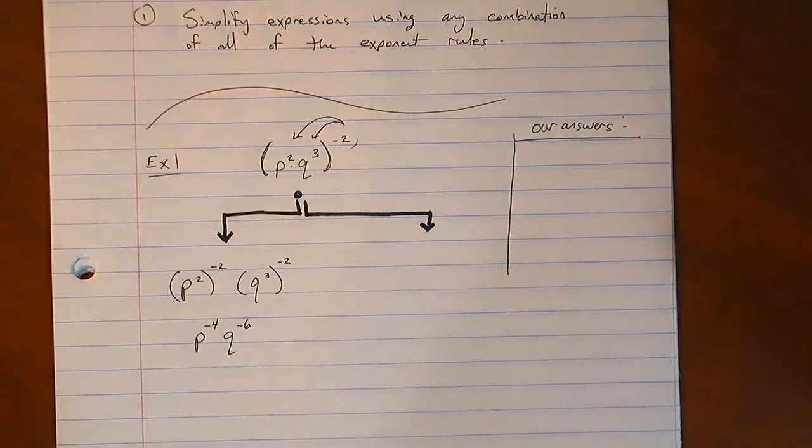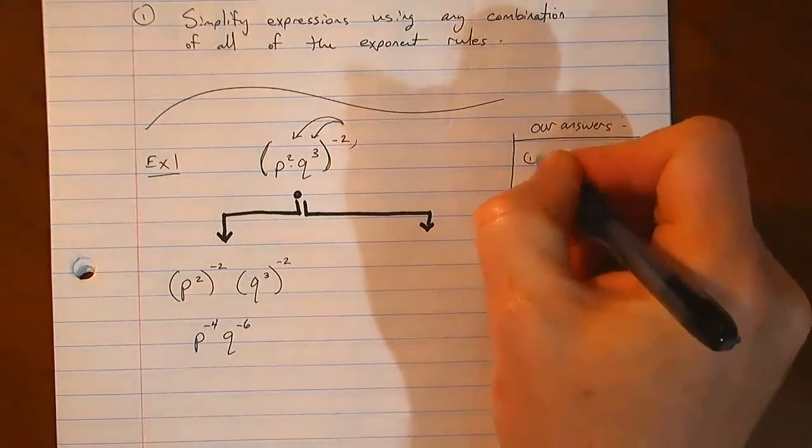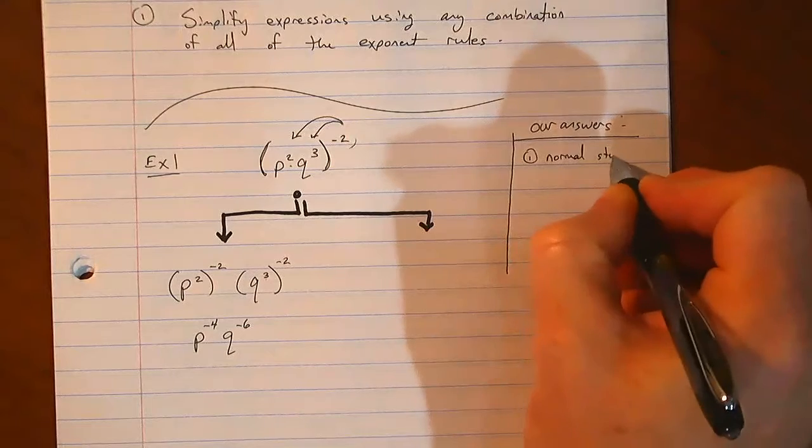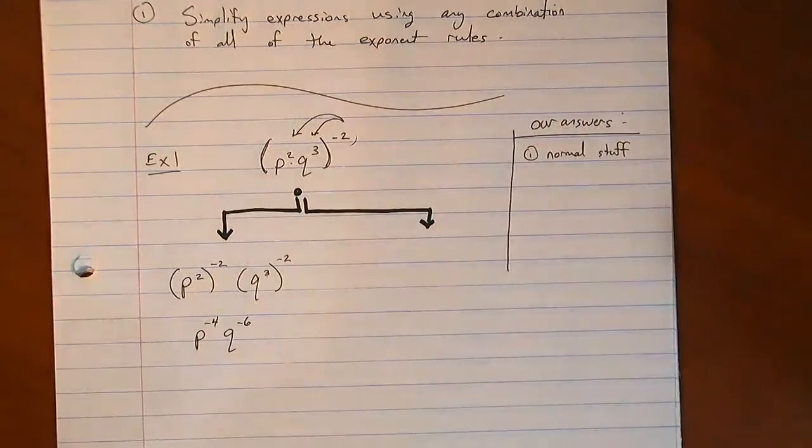So if there's an X in the top and an X in the bottom, I'm not done yet. I need to get those things taken care of. So I'm just going to list that as all our normal stuff, right? Get rid of parentheses, combine together anything that can be combined, et cetera. So all that normal stuff still applies.